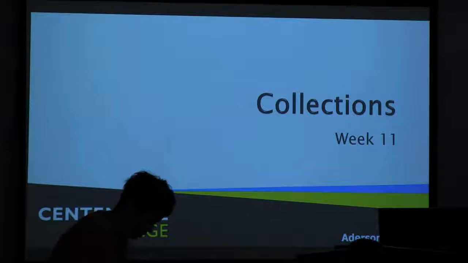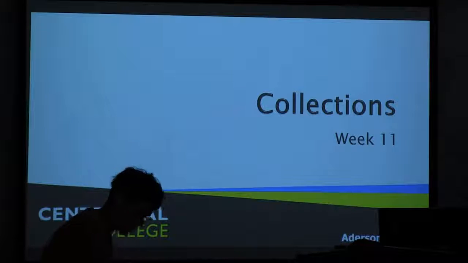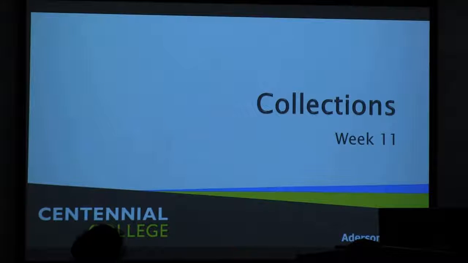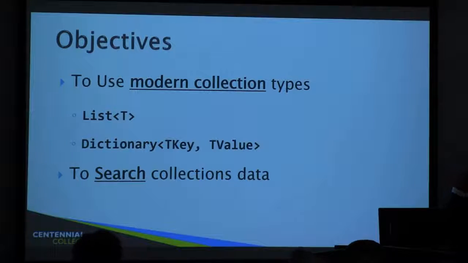On the types of collections that we're going to be talking about today, we're going to very quickly be able to find, search, locate an item in a collection. You're going to be able to sort things much faster, much easier.